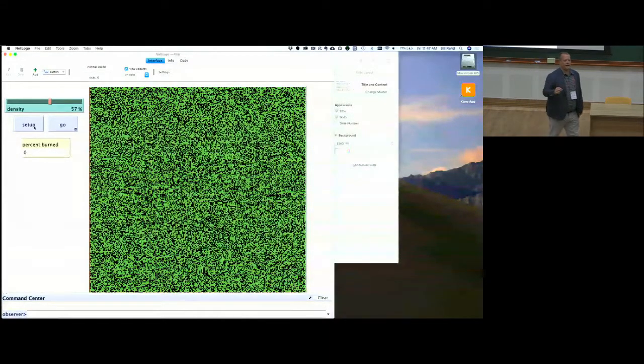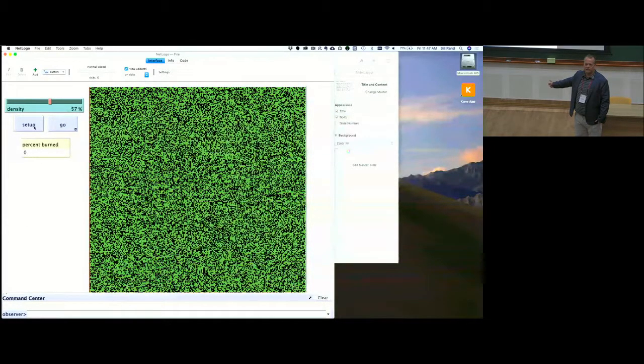What we mean by that is 57% of the screen is covered by green spots, and 43% is covered by black spots right now. So more than half of the forest is actual trees. Given those numbers, how many people think that the red line will get from the left side all the way to the right side?